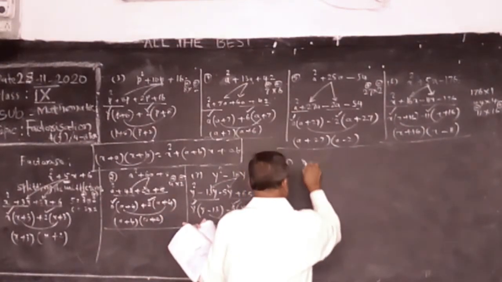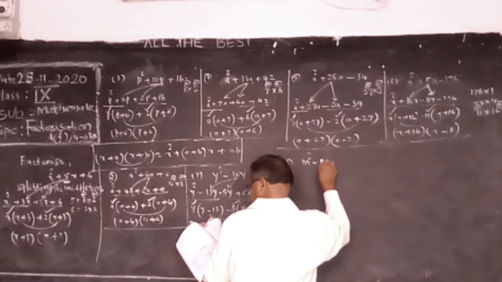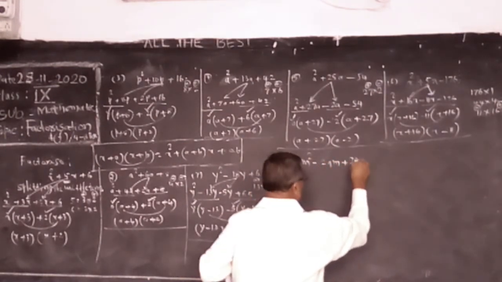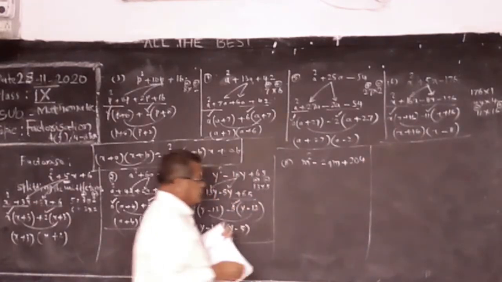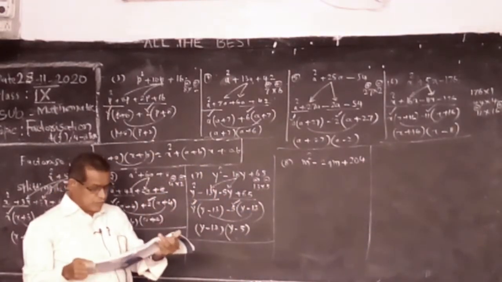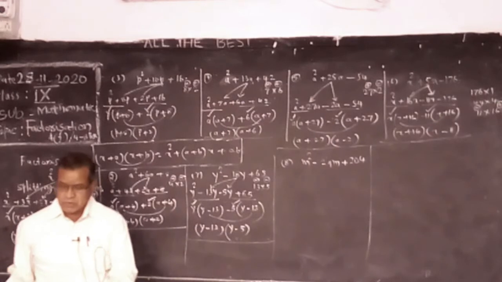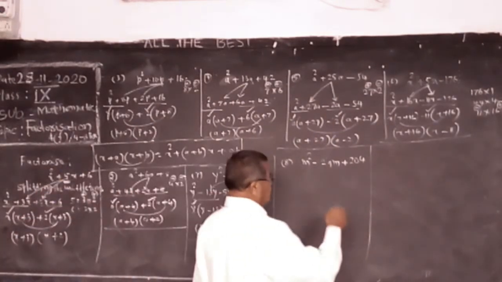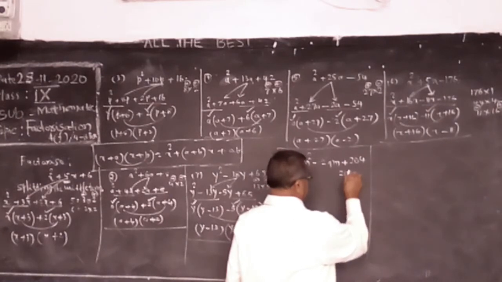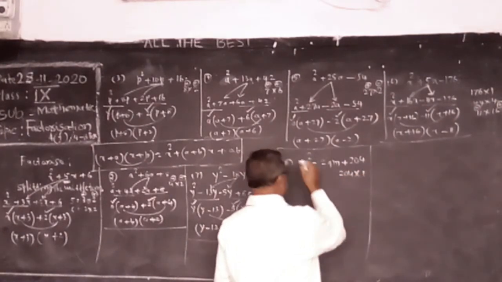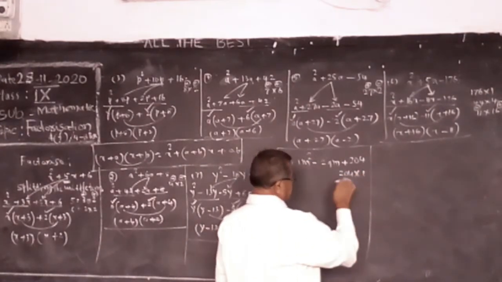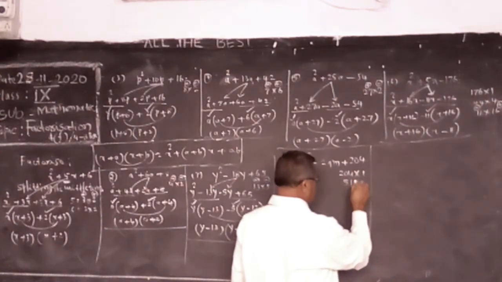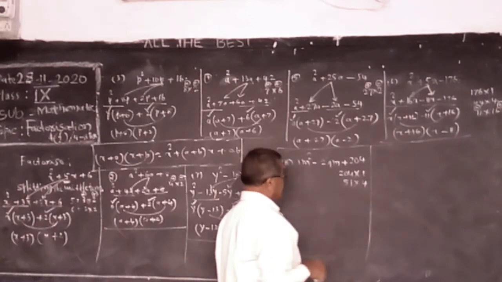Next, m squared minus 29m plus 204. So 204 is a big number. We have to factorize. How to factorize? 204 divided by 5, we are not getting.